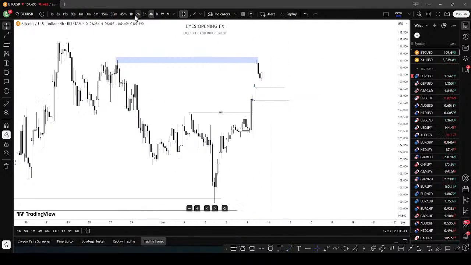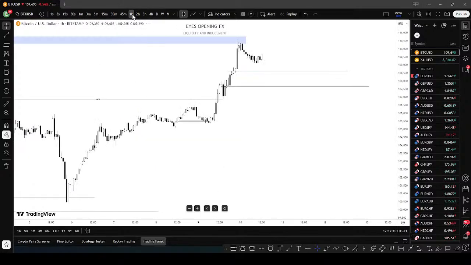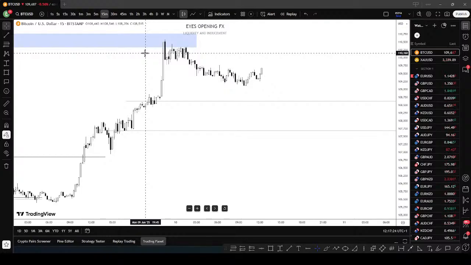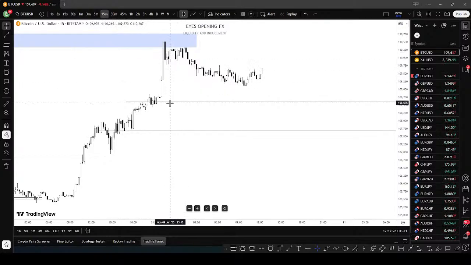So what we do is go to a lower time frame to look for mitigation within these two zones. On this 1 hour time frame, this is just a pullback, and around here there's nothing. So we go to the 15 minutes time frame to look for mitigation, to see if the market will likely buy from that particular zone, or have a buy continuation before even getting to that zone.